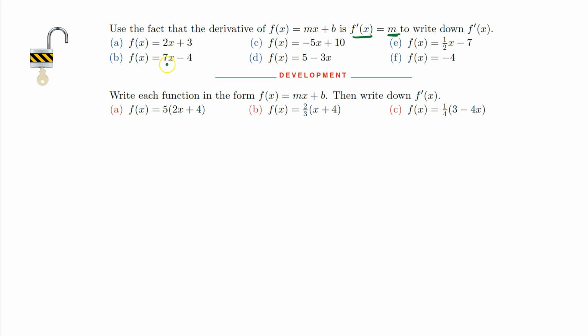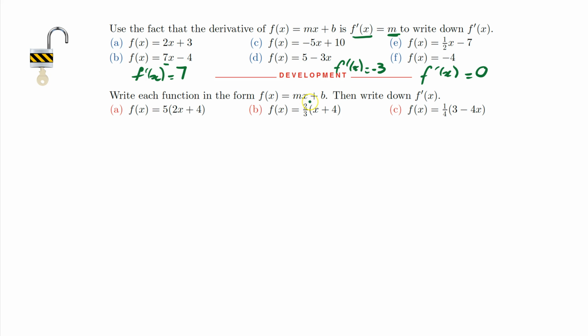For example, f dashed of x here is equal to 7, f dashed of x here is equal to minus 3, f dashed of x here is equal to 0 because there's no term in x. That fits with what we saw before, that this is a horizontal line, f of x equals minus 4, so it has a slope of 0.